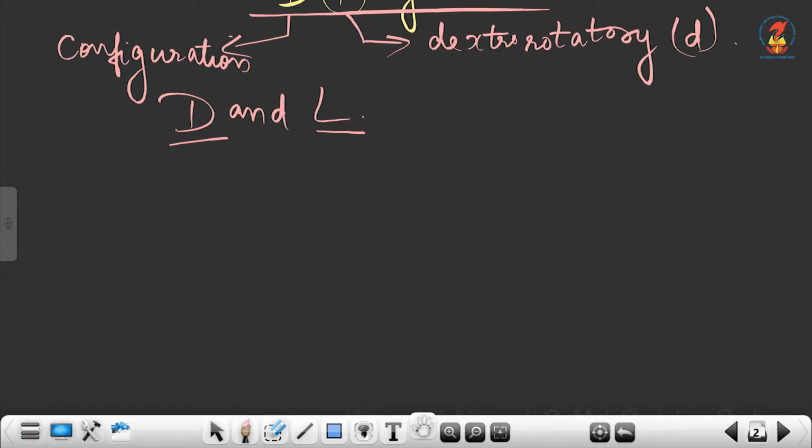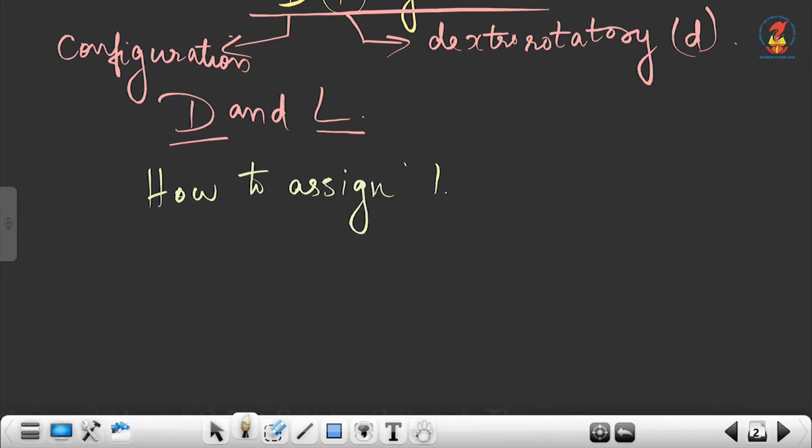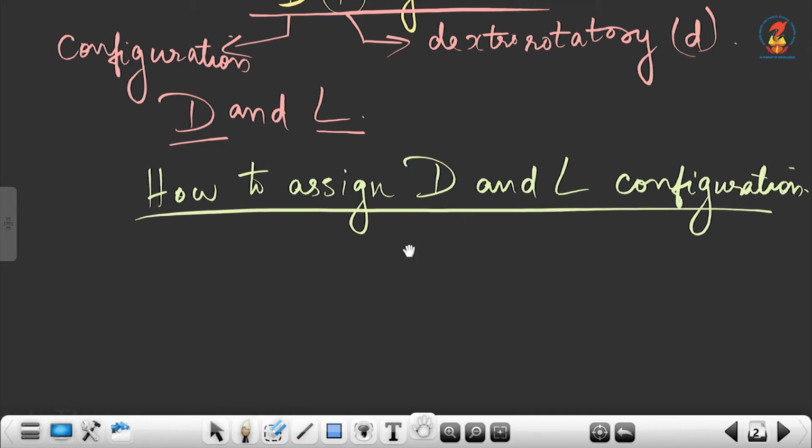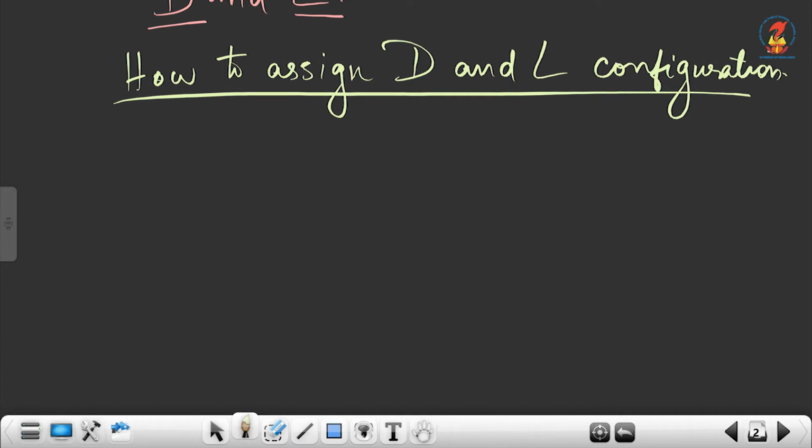Next is how to assign D and L configuration to a compound. For this we take the compound glyceraldehyde.